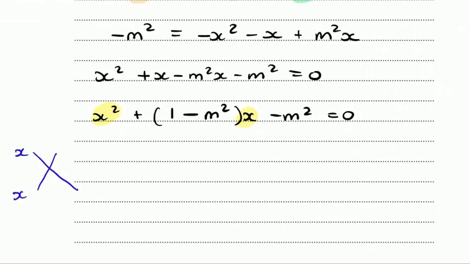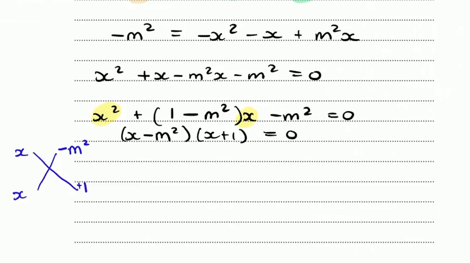Okay, if you've got an x, you can break down your x squared into x and x, and then what I'm going to do here is I'm going to break my m, instead of saying m and m, I'm going to say m squared and 1. Okay, but one of these has to be negative, so I want this to be positive and this to be negative. Okay, so it depends how you do your factorizing, but here you can see x minus m squared, x plus 1 is equal to 0.